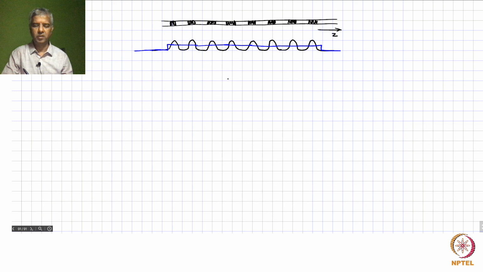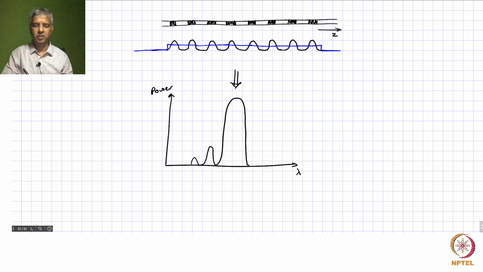So, for this type of grating, when you take a Fourier transform, you would see in the power spectral density, as a function of frequency or wavelength, that it will tend to have all these side lobes.